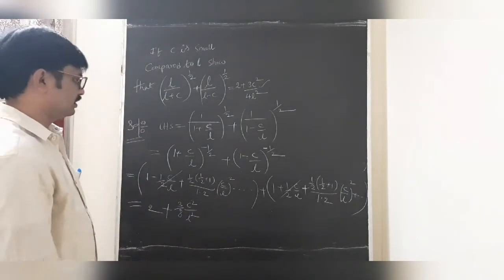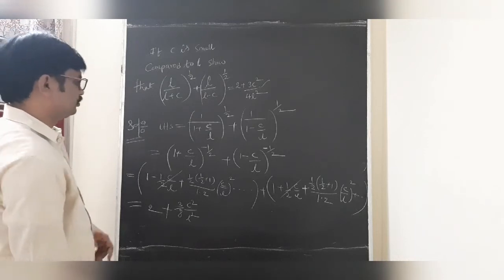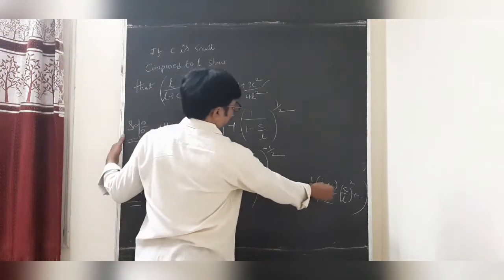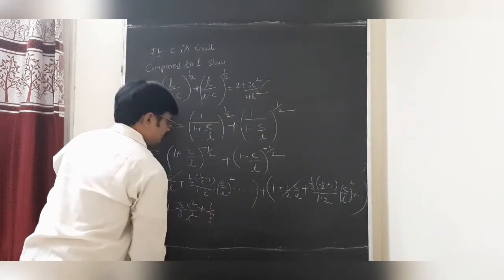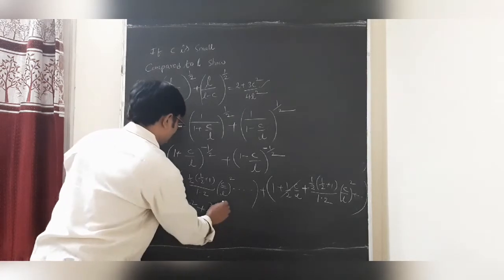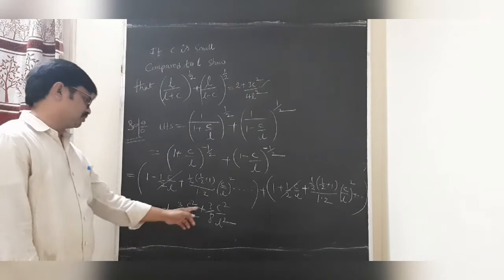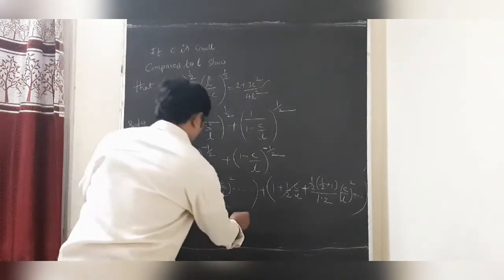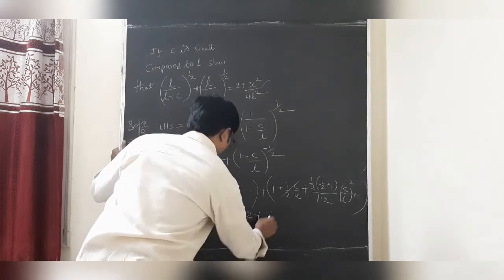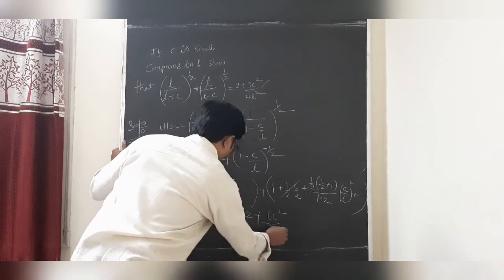Okay students, after that what is there? Undoubtedly, this is also 2 1s are 2, 3 by 8, the 3 by 8 C square by L square. So students, 3C square, 3C square, 6C square by 8L square. So that is 2 plus 6C square by 8L square.